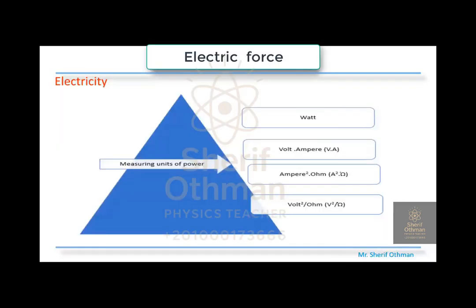The measuring unit of power is watt: volt times ampere for V times I, ampere squared times ohm for I squared R, and volt squared over ohm for V squared over R.